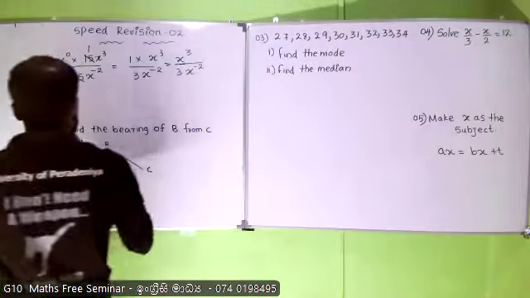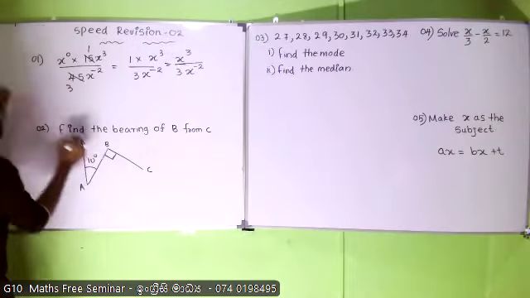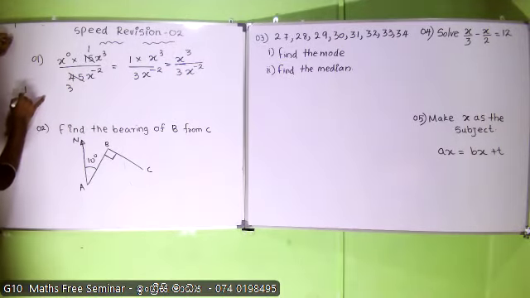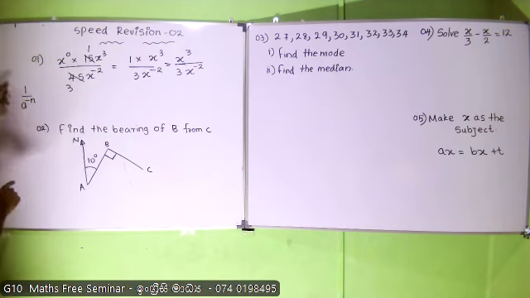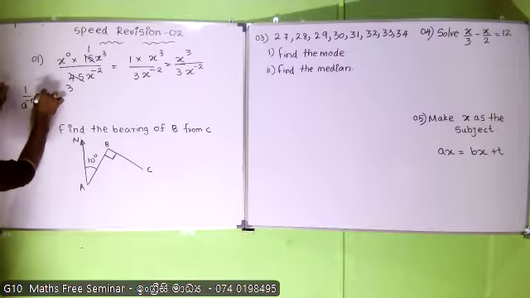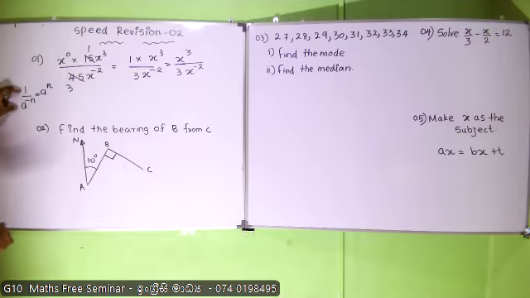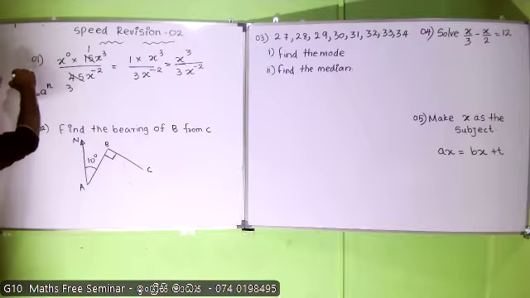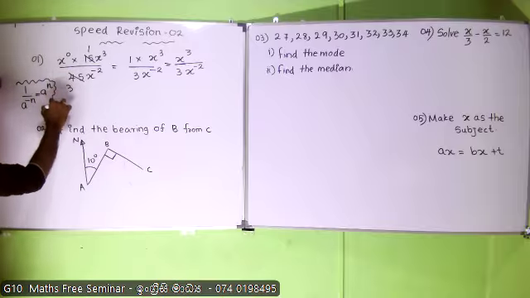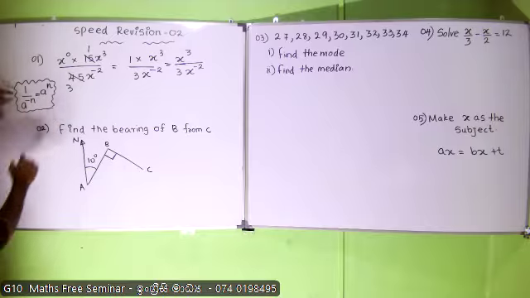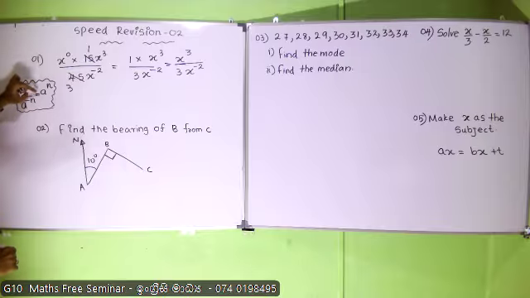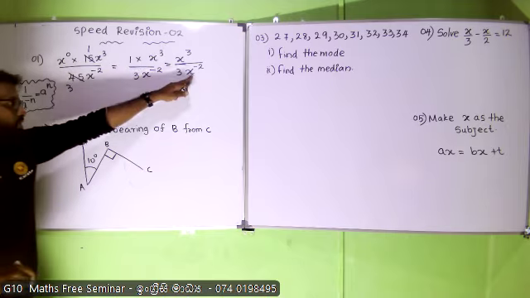The theory behind this is, if you have 1 upon a to the power minus n, you get the reciprocal of this, so that it would automatically become a positive power. 1 upon a to the power minus n, if you get the reciprocal, it becomes a to the power positive n.